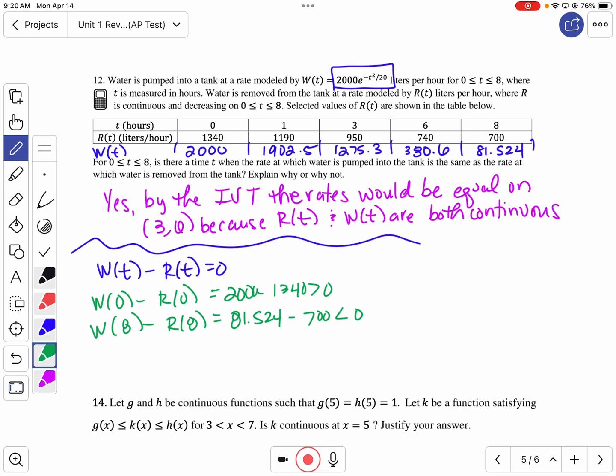I'd have to pass through 0 at some point. So you could use that also as a proof. In order for them to be equal, the difference would have to be 0. So this is an alternate way to prove. I just wanted to show you both of those. That's that whole rate in, rate out concept that we get to a little bit later on. But that's how it works.